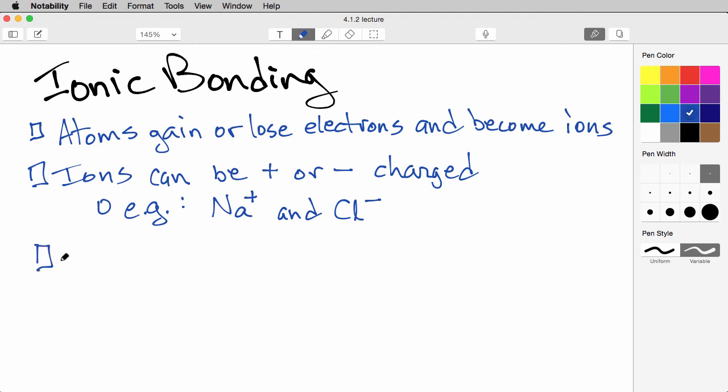All right, so thirdly, negative and positive ions are drawn together, or attracted to each other.